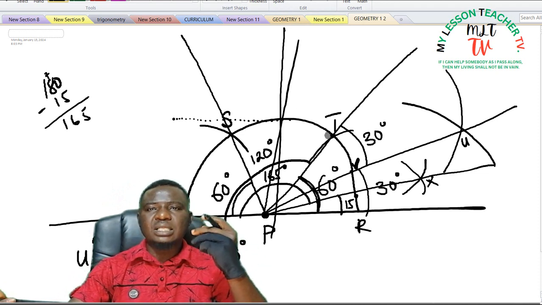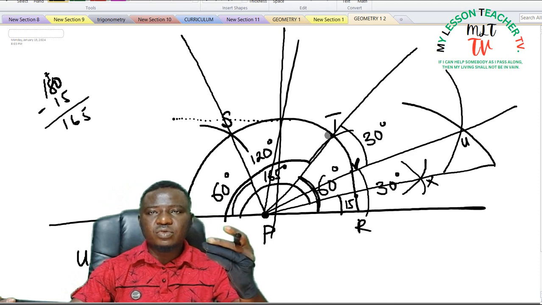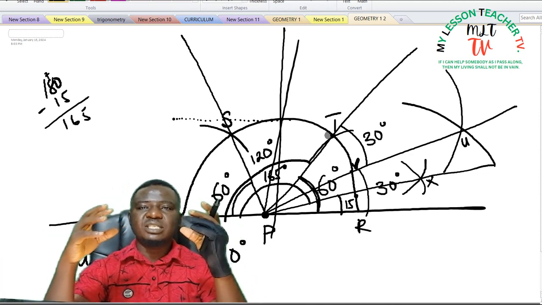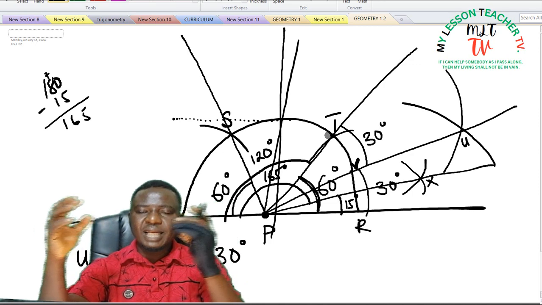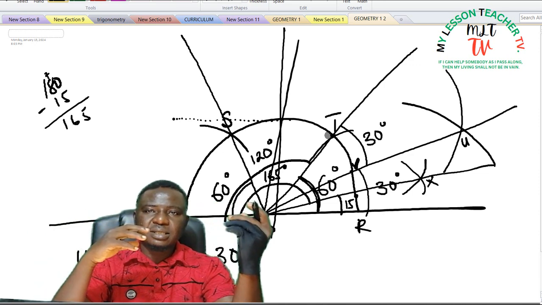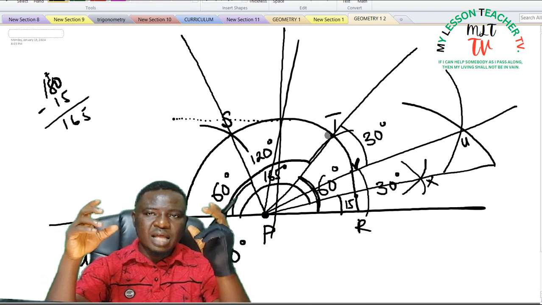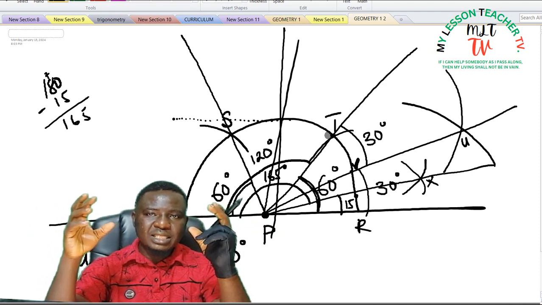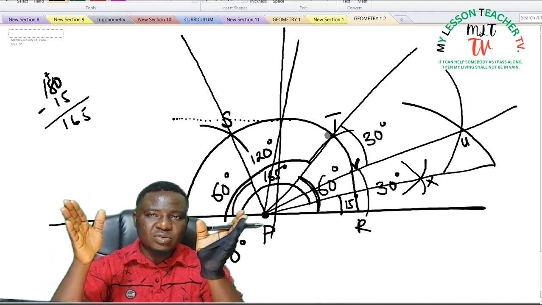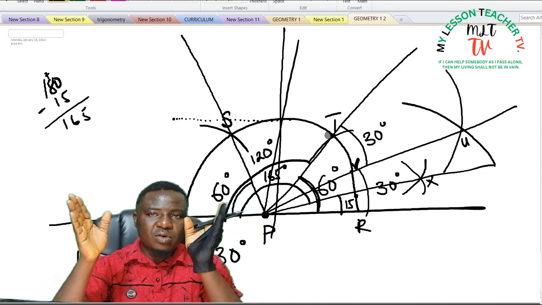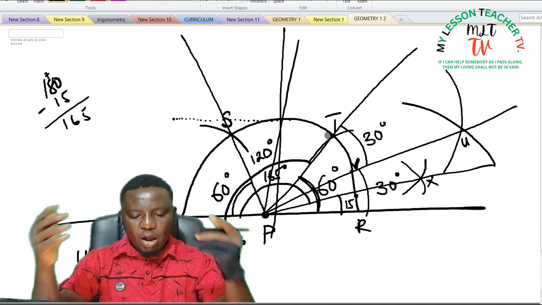Angle 75 degrees is halfway between 90 and 60 degrees. So by bisecting the angle that falls between 90 and 60 degrees, which is 30 degrees, you can construct angle 75 degrees. So how do we do that?